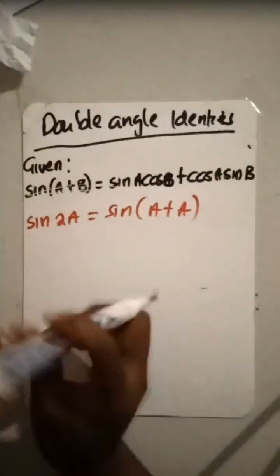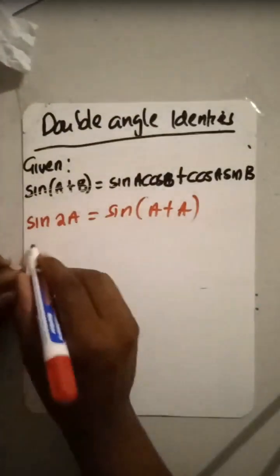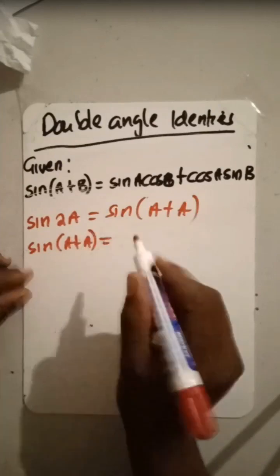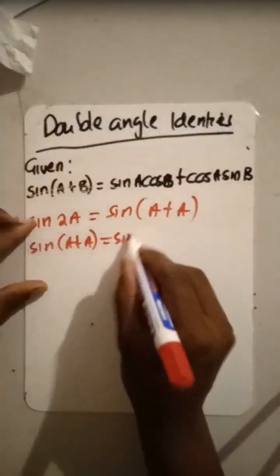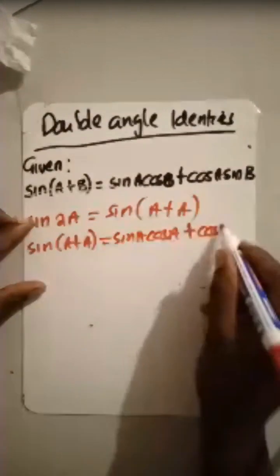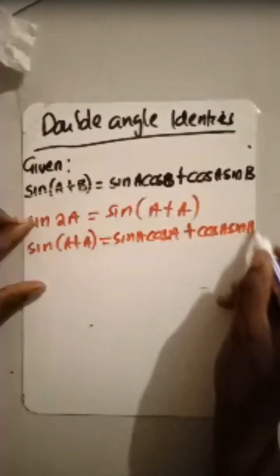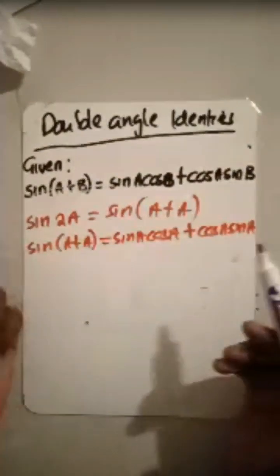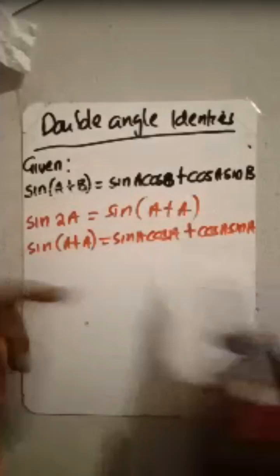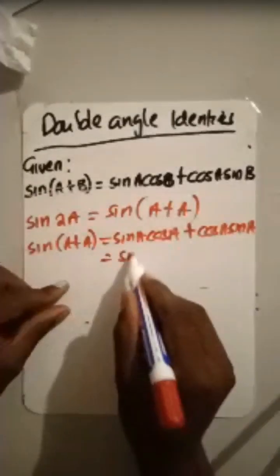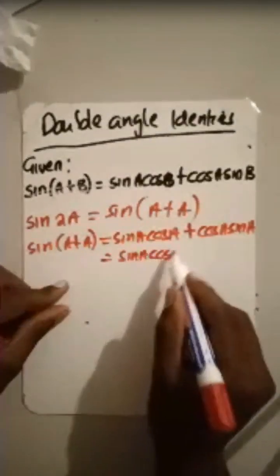It's sine A plus A. So sine A plus A is going to be equal to, using the compound angle identity there, sine A cos A plus cos A sine A. But remember that sine A cos A is the same as cos A sine A. They are the same, because we are multiplying.